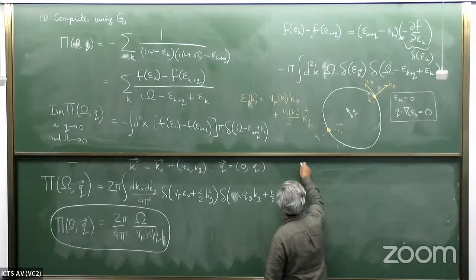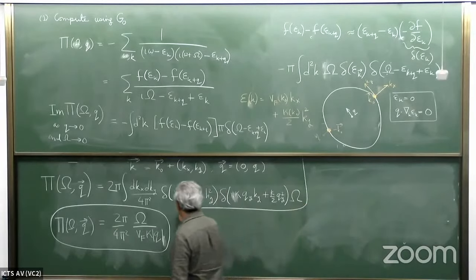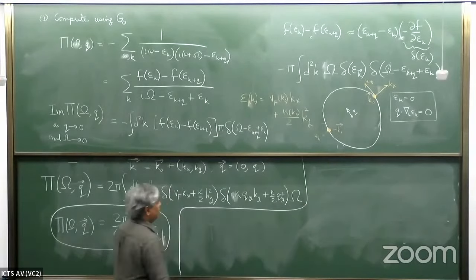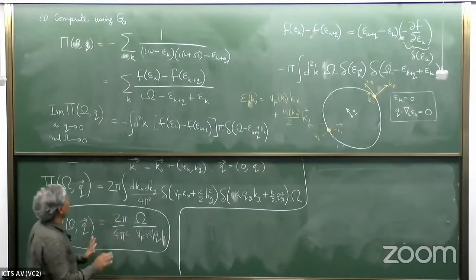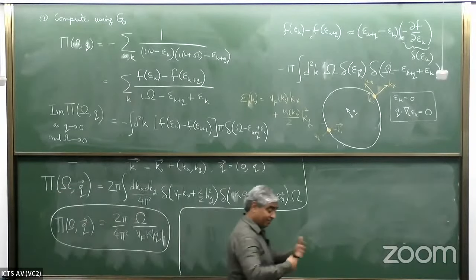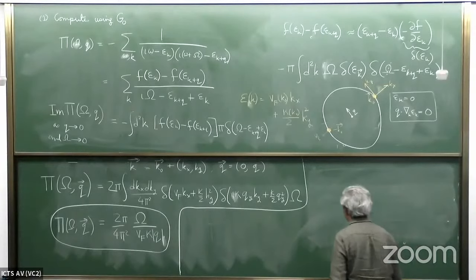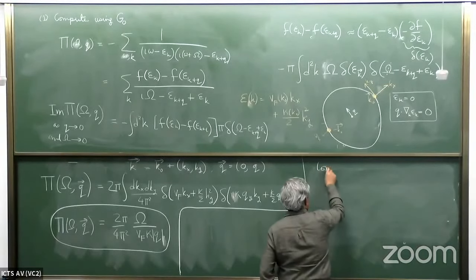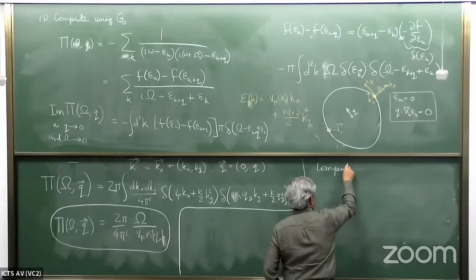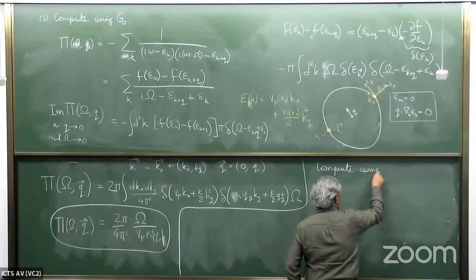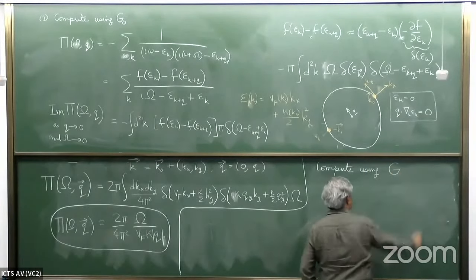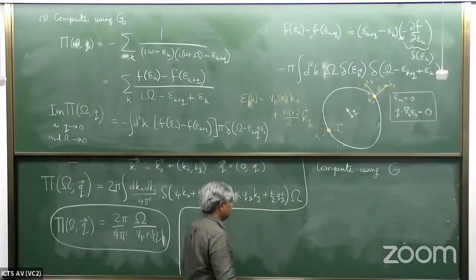Okay, so now we're going to compute pi using G. All right, this is not true in complete generality. It's going to make a certain assumption, which we will then have to verify is self-consistent. So we're going to compute pi using G, not G naught.